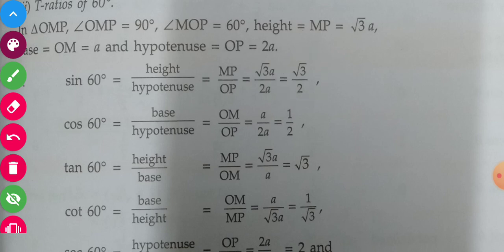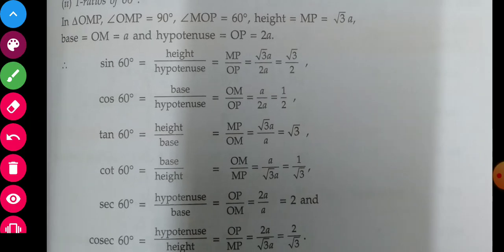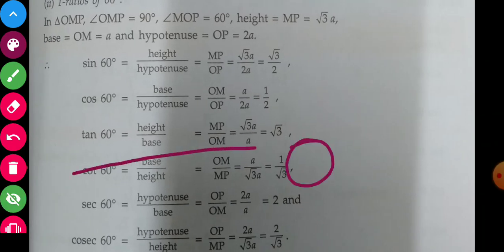Correct? Similarly, we go for cos 60. Cos 60 is base upon hypotenuse. Substitute those values. You have a upon 2a. a cancels out and it is 1 by 2. Similarly, tan 60. Tan 60 is height upon base. Again, substitute those values. Height is root 3 a, base is a, it cancels out, it is root 3. So similarly, you are going to find all the other ratios.